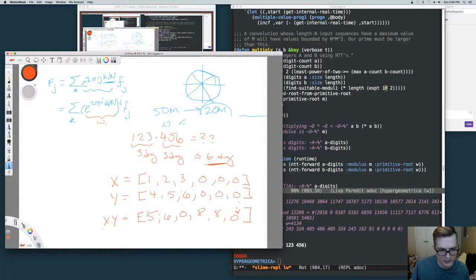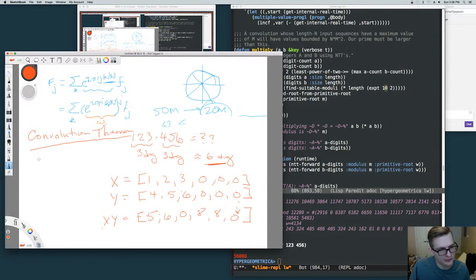In order to get that, we use the convolution theorem. The convolution theorem says, and this can go either way, that convolution in the time domain is multiplication in the frequency domain.